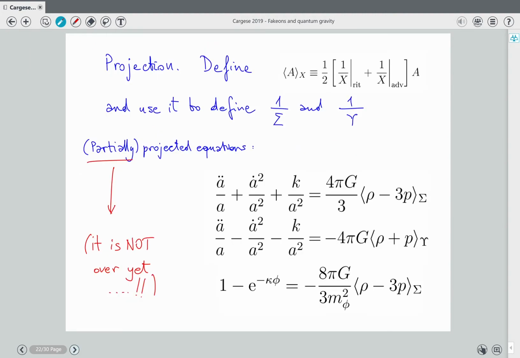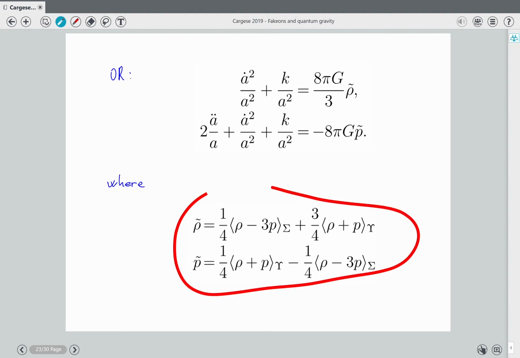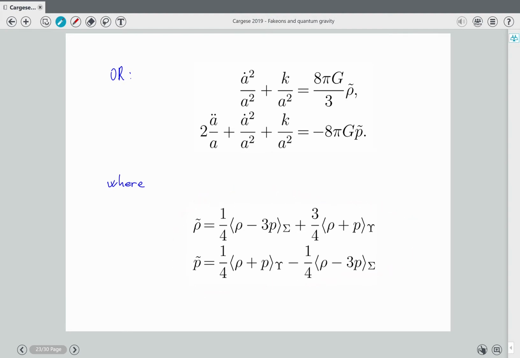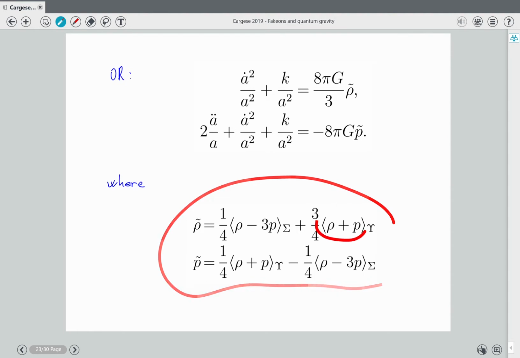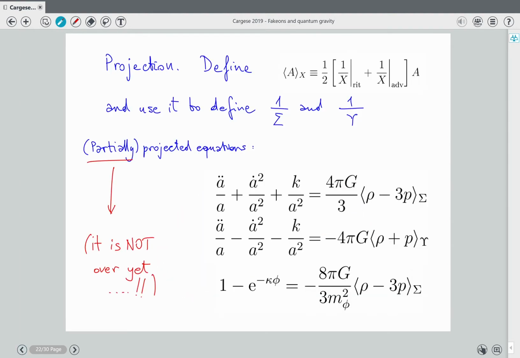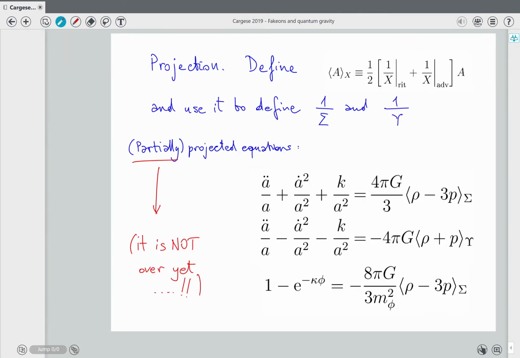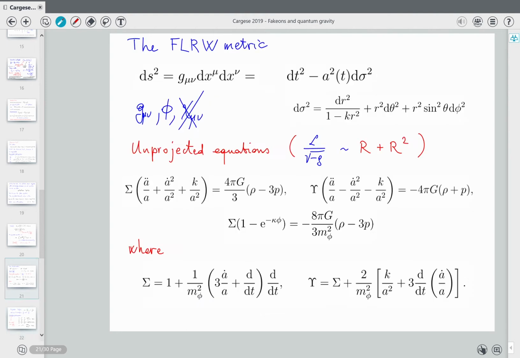Or, if you want, you can define a certain transformation on rho and p that makes the equations look exactly like the usual ones, but they are not, because these are rho tilde and p tilde. There is something inside, and the average depends on A, because the average contains the operator sigma, and sigma contains A.